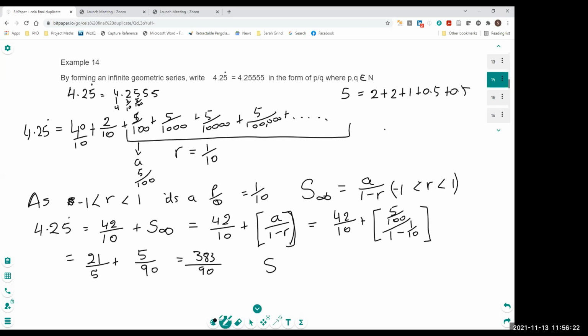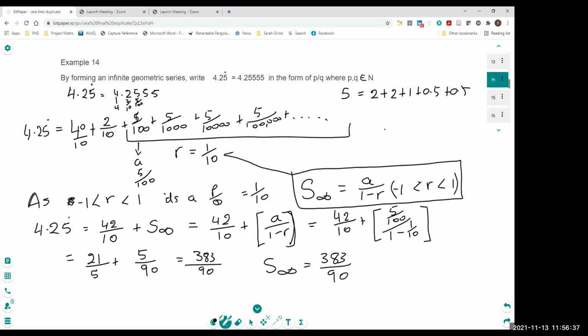So the sum to infinity is equal to 383 over 90. But the only reason that we were allowed to use that formula was because R was a fraction.